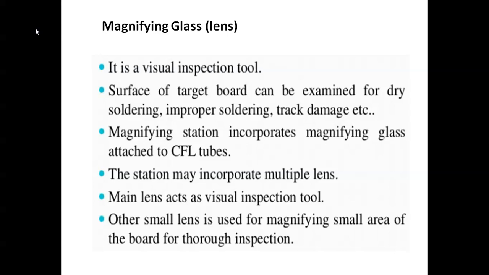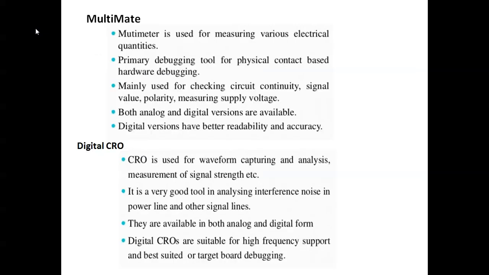It's a visual inspection tool. The station may incorporate multiple lenses so that the surface of the target board can be examined for dry soldering, improper soldering and track damage, etc. The other small lens is used for magnifying a small area of the board after thorough inspection.